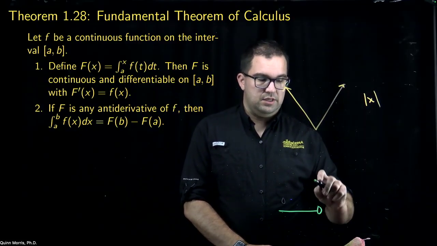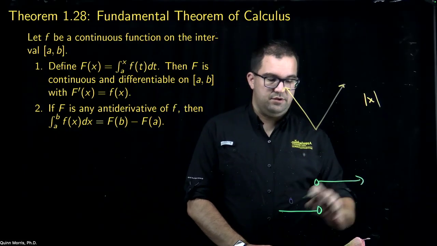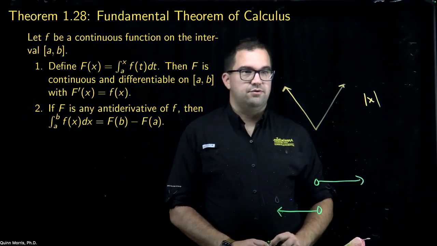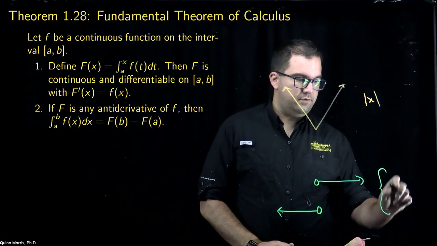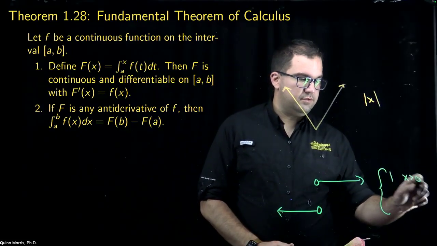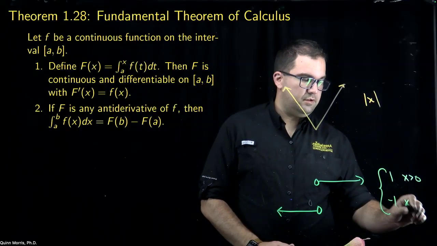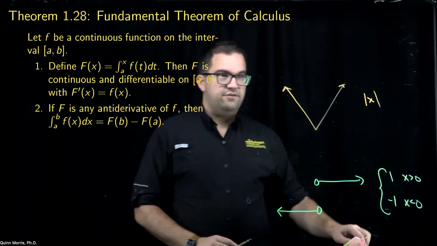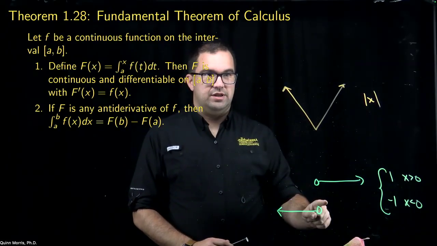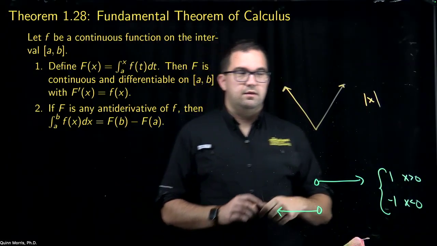So you get a function that looks something like this, and it's not even defined at 0. So this gives you 1 for x greater than 0, and -1 for x less than 0. Differentiation took a continuous function and broke it.